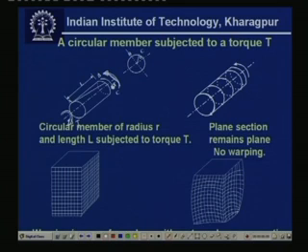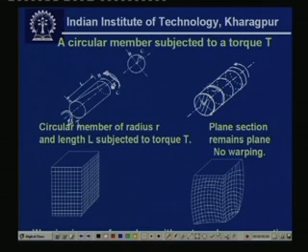So, we can see that a face will be changing from this place to this place, that means the plane section remains plane, with respect to, suppose there are several circular planes. So, this plane will rotate with respect to this plane just as in a rigid body, and there is no distortion, means the diameter of the shaft remains same, just like a plane it rotates.